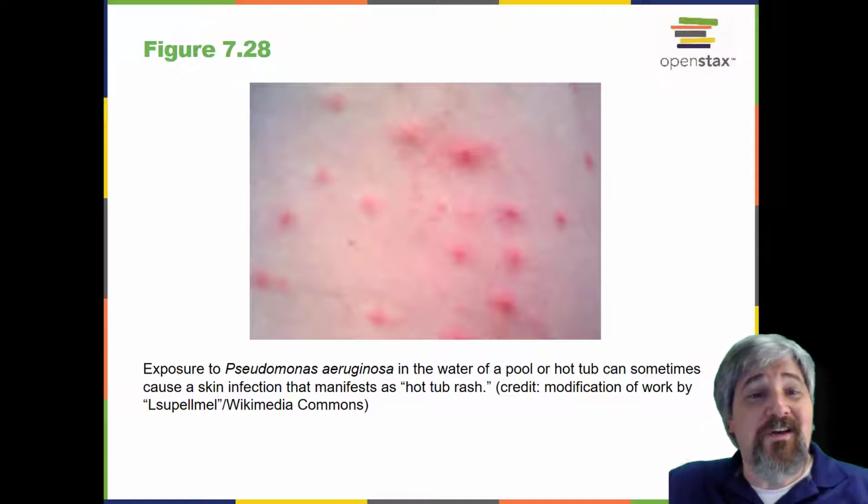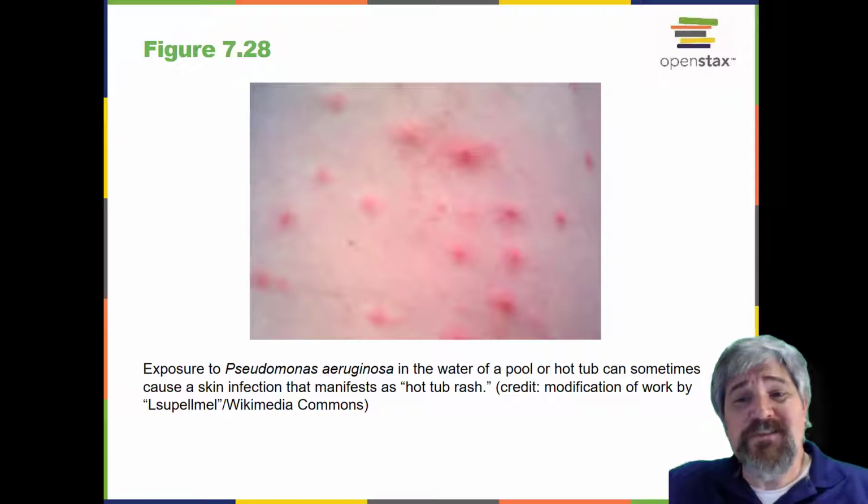Pseudomonas aeruginosa is the same bacterium that is associated with infections in the lungs of patients with cystic fibrosis. The doctor collected a specimen from Penny's rash to be sent to the clinical microbiology lab. Confirmatory tests were carried out to distinguish Pseudomonas aeruginosa from enteric pathogens that can also be present in pool and hot tub water.